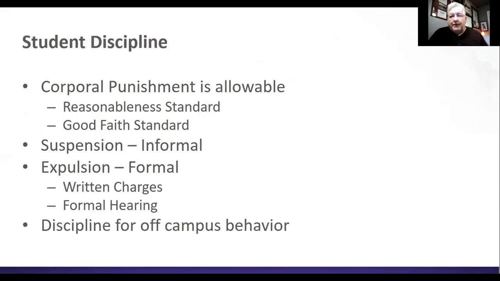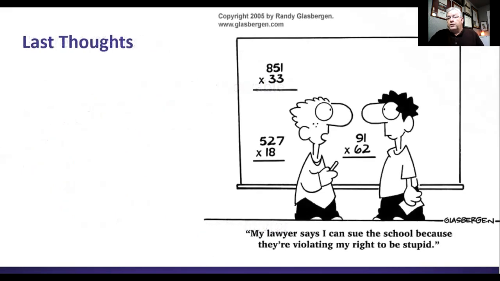So that's it. This is a big chapter, especially the due process parts of it, that you will deal with. You will deal with issues in this particular area of student rights.